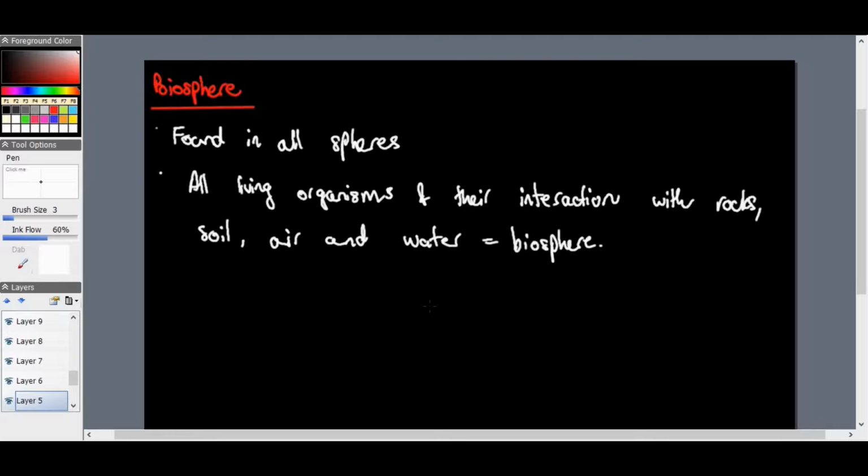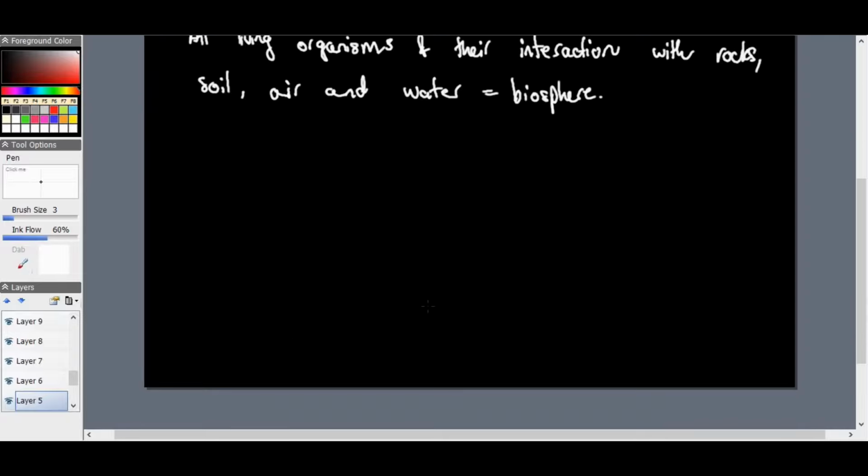So if we need to draw a little graphical representation, fortunately there's no way to insert a shape here, so I have to draw this manually. So let's just try and get it correct. Here we've got the lithosphere with the L. There we go.